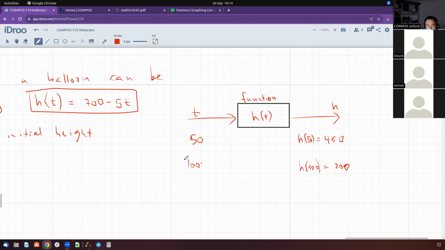And there are certain limits. For example, if you use 200 seconds, you get h of 200, which gives us minus 300, which is not possible. You're not below the ground if it's a balloon.